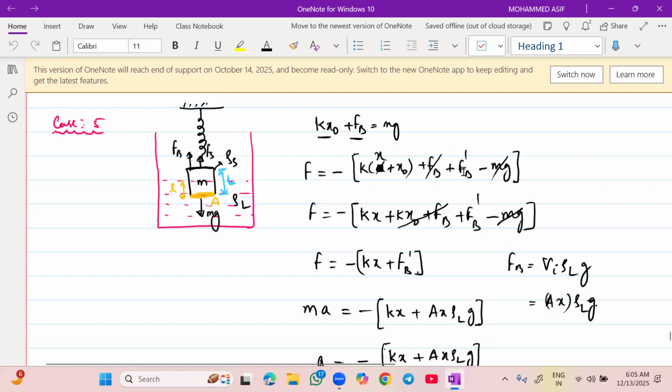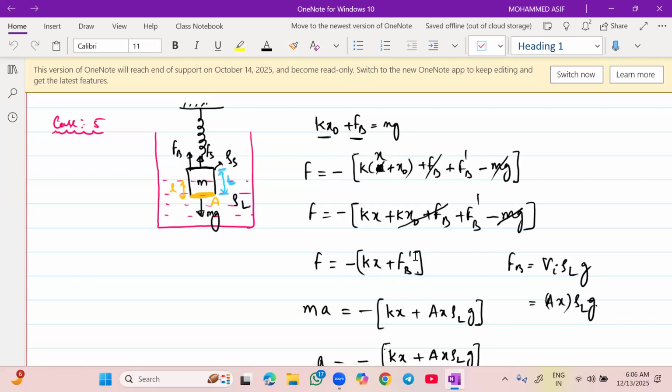When you displace it, the buoyancy force is also changing, so right now it is Fb dash. Now see this one: kx plus Fb will be equal to mg. That means this mg, this Fb and this kx will get cancelled, isn't it? So I'm getting F is equal to minus kx plus the buoyancy force.